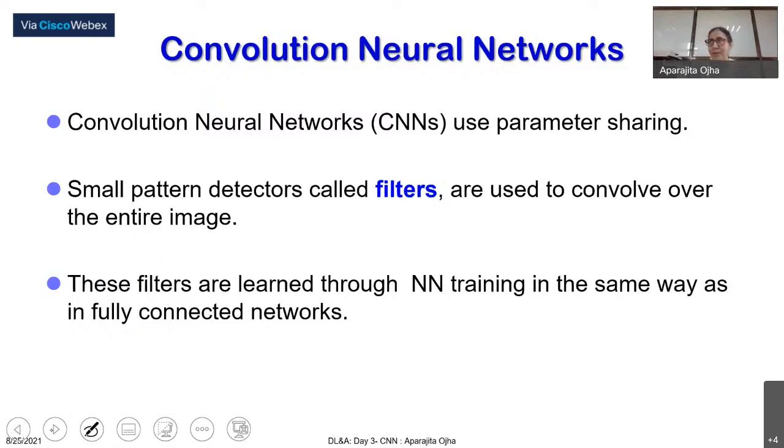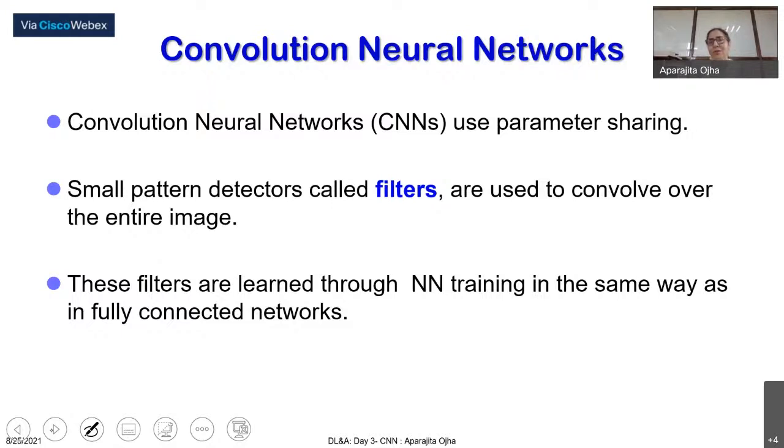So in the fully connected network, yesterday and the day before, you saw that there's a forward propagation of the input, and then the neural network tries to extract features and makes a prediction. That prediction can be very close to the actual value, or it can be different from the expected outcome, right?